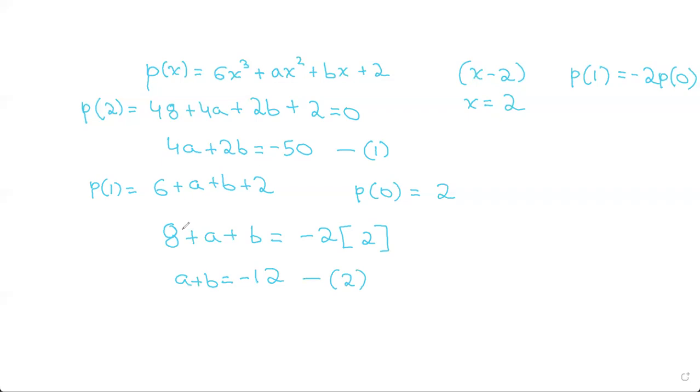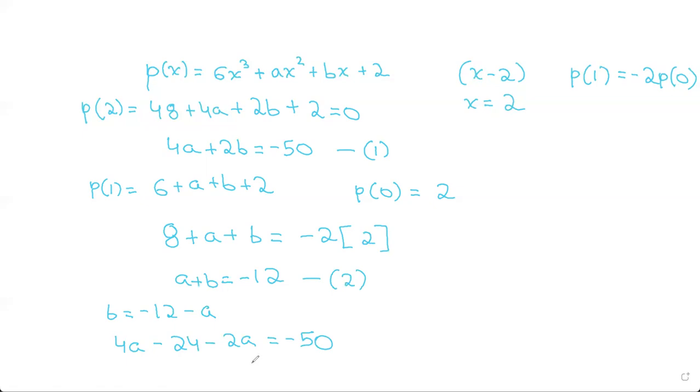And 4A plus 2B is minus 50. Now, if we solve these equations, we get B is minus 12 minus A. If we substitute in this, we get 4A minus 24 minus 2A equals minus 50.